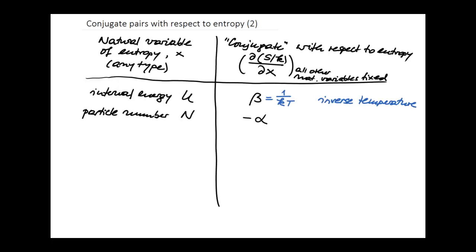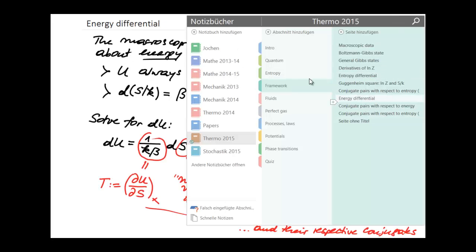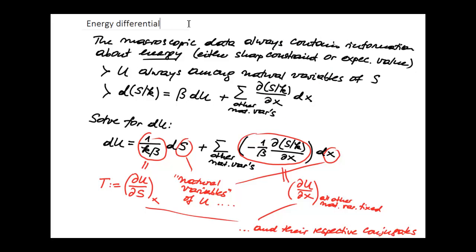Next, let us look at the alpha. And again, let us have a look at the energy differential. Now, the particle number N is one of the x's that appear, so it's amongst the other natural variables x.